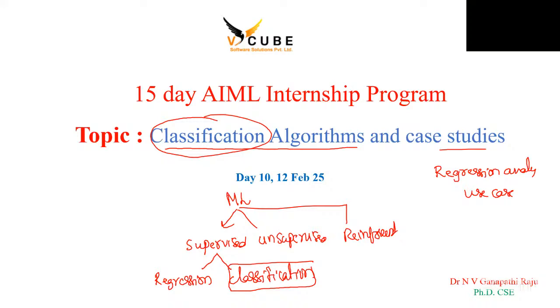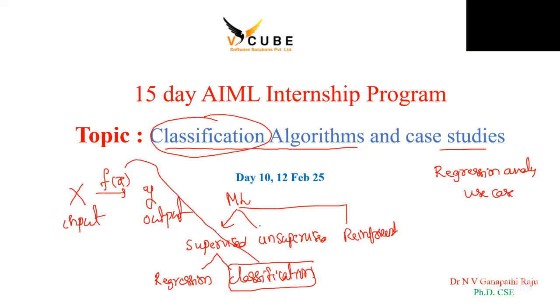Now, when can I use the classification technique? Everyone knows supervised learning means the input data has to be mapped to a target variable. X is called the input data and Y is called the output data. Here we are going to use an algorithm f of x, which today is classification.